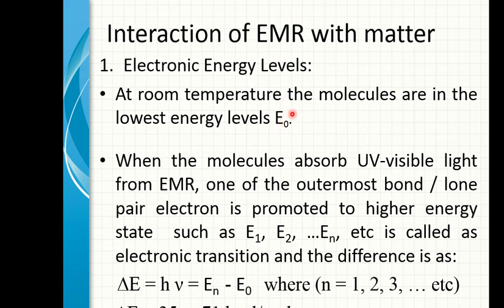It is an electronic transition because the electron transfers from energy 0 to energy 1, because this electron absorbs energy from electromagnetic radiation, so this electron becomes unstable and goes to a higher energy level. There are many energy levels, E1, E2, and this is called electronic transition.